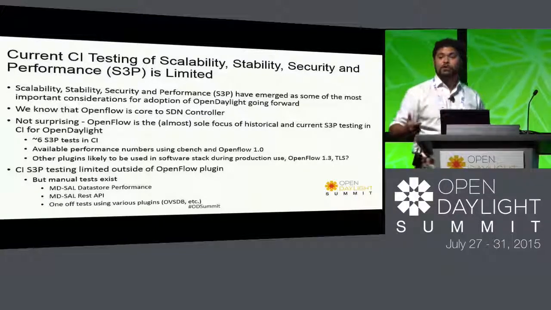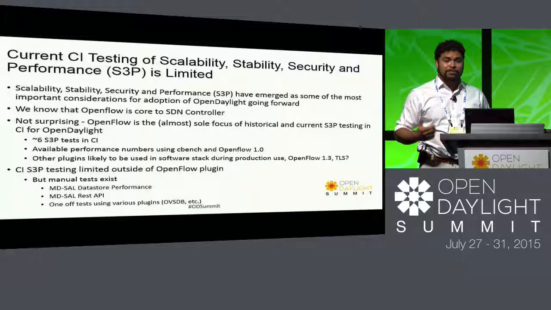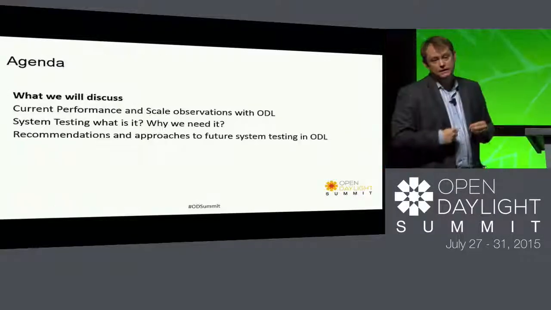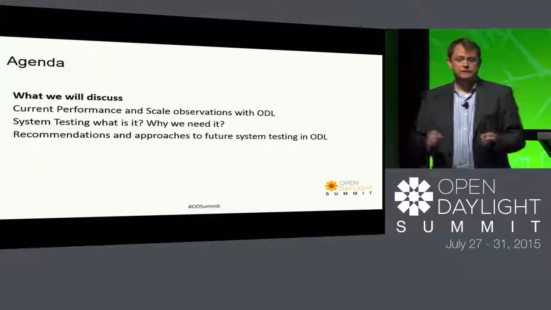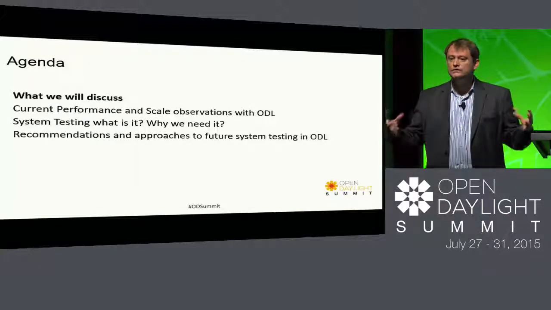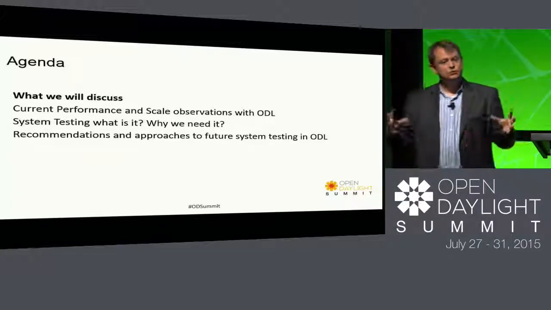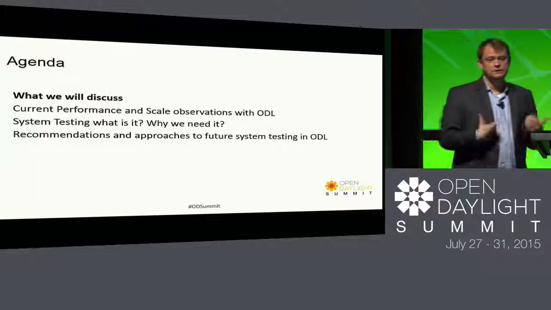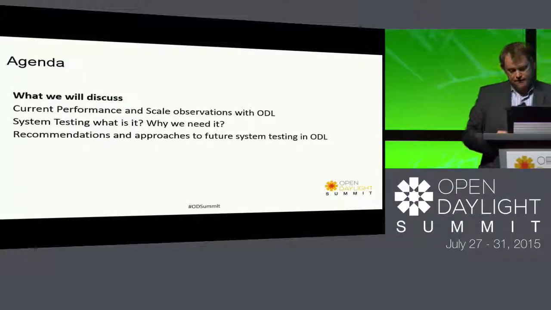But going forward, it's going to be ever more important for people adopting Open Daylight. NFV is one of them. Campus is another one. The data center is another one. And we're going to provide some food for thought and hopefully some discussion along those proposals to structure our test effort to more closely align with key use cases that you as the community have identified.